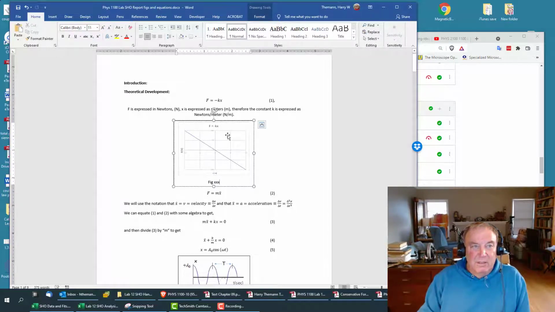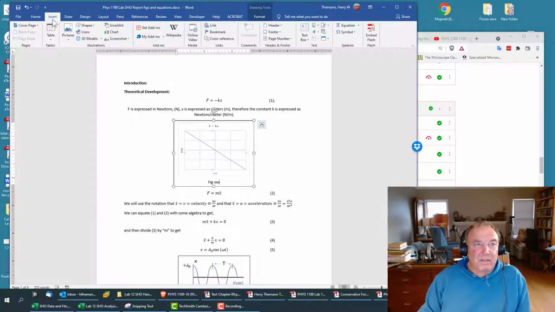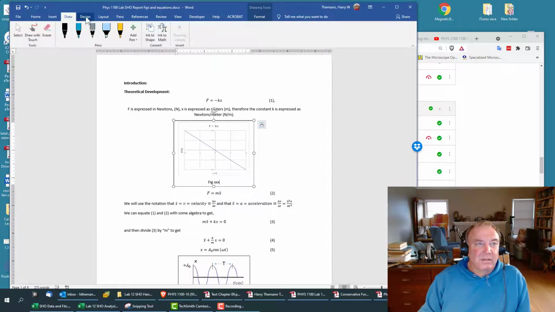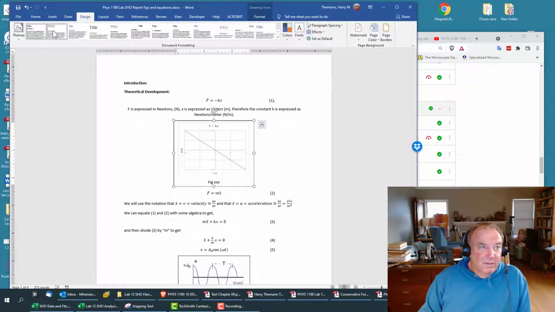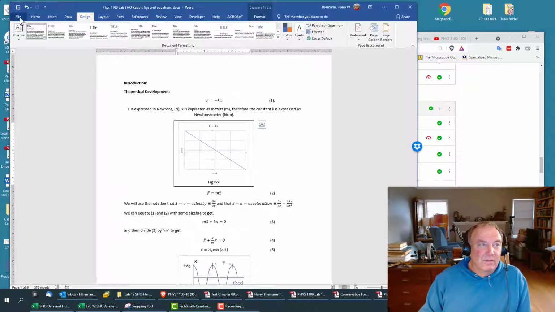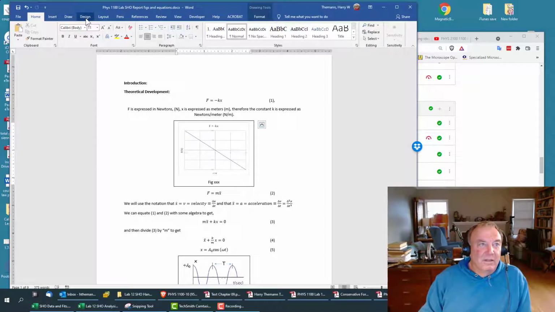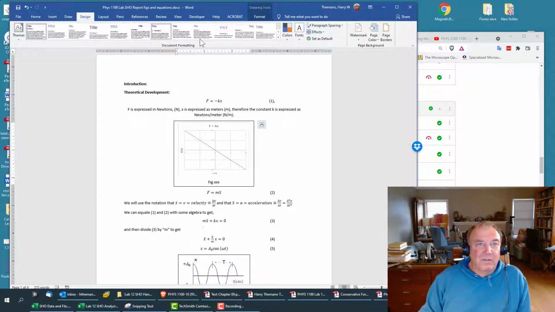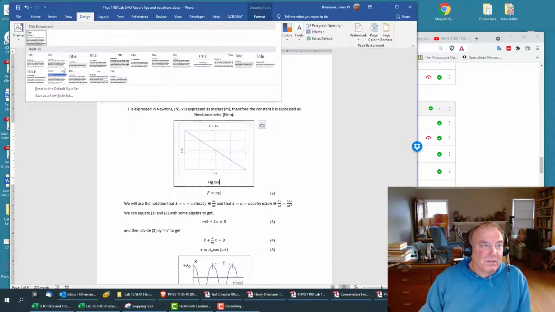In fact, you can use, let's see, where is design? Yeah. So you can choose these format boxes here, and there must be one for figures.